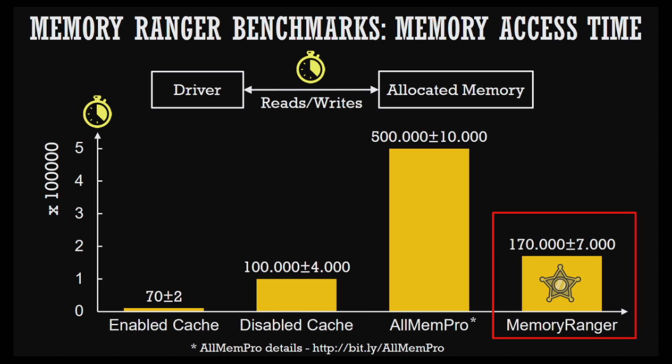AllMemPro, or allocated memory protector, is the closest competitor for MemoryRanger, which I developed a year ago as well. AllMemPro uses only 1 EPT structure to prevent illegal access attempts only to the allocated memory. We can see that MemoryRanger is a bit slower than access to memory with disabled cache, and it is 3 times faster than the closest competitor.